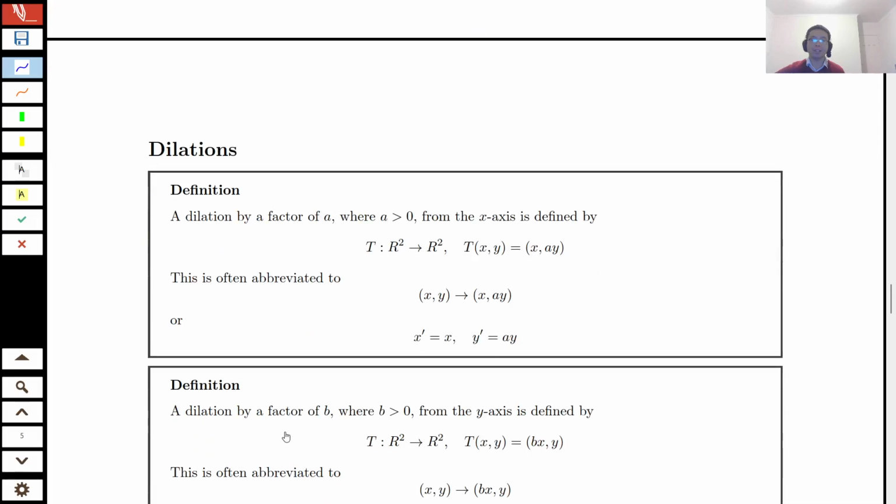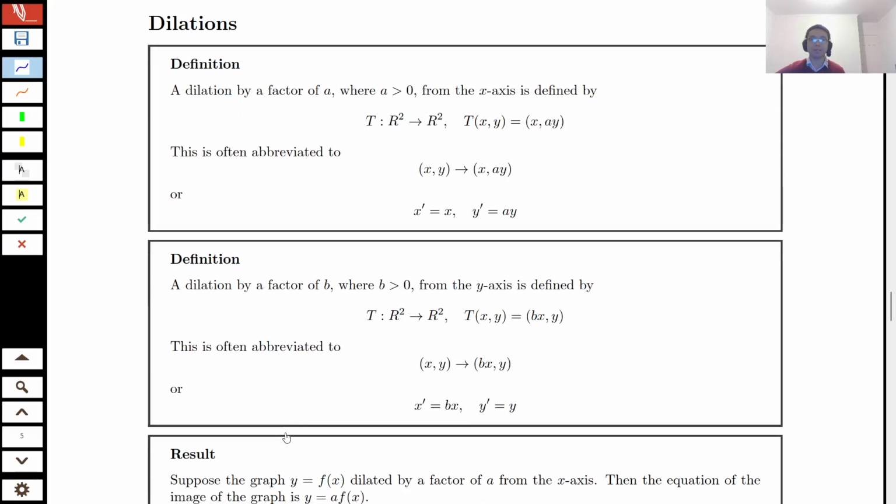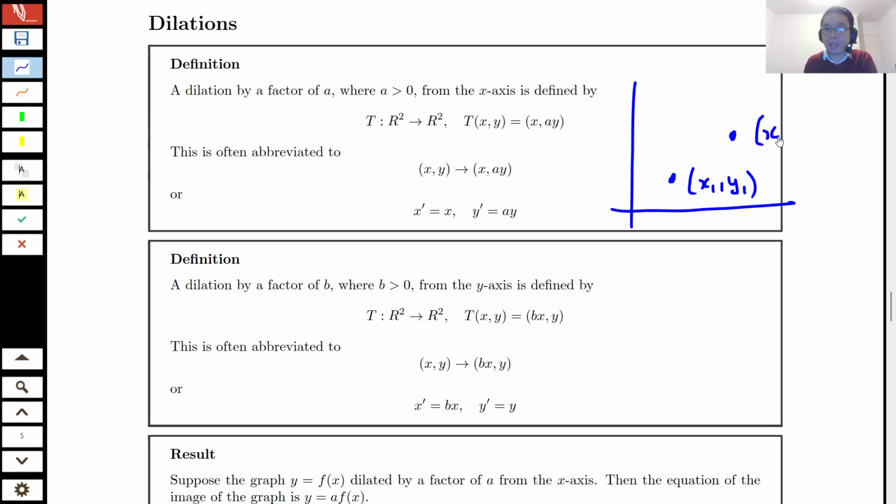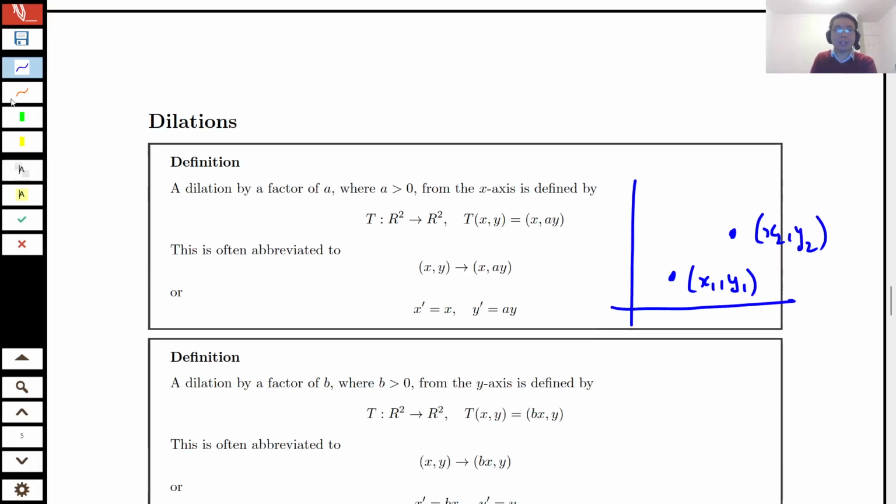Alright, next one, dilations. So, this time, I need to draw more than one picture, because if I don't, it may look like a translation. So, suppose that I have the points x1, y1 and x2, y2. And let's imagine, just for sake of argument, that I choose a factor of 2.